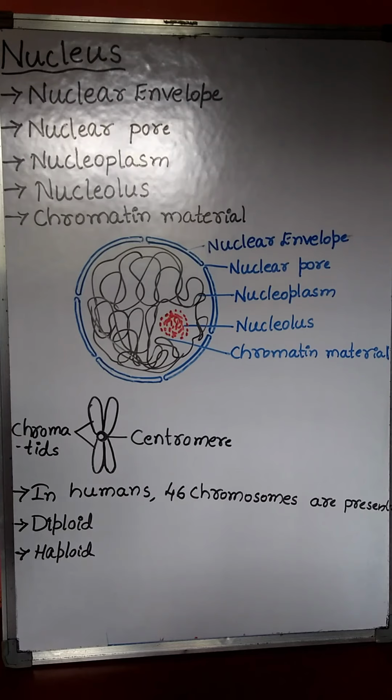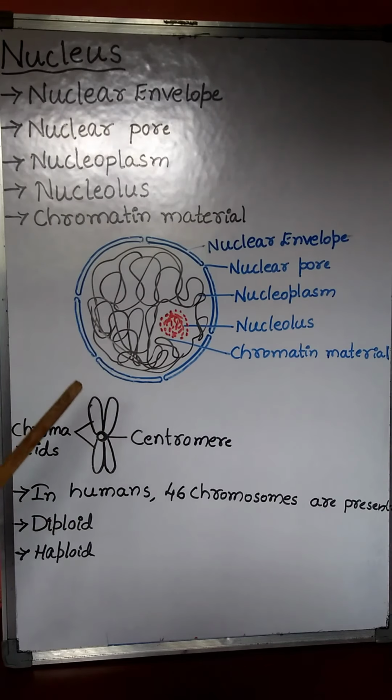Nucleus is the largest cell structure, which is spherical or oval in outline. In mature plant cell, nucleus is present towards the periphery, mainly due to the formation of large vacuole at the center of the cell.